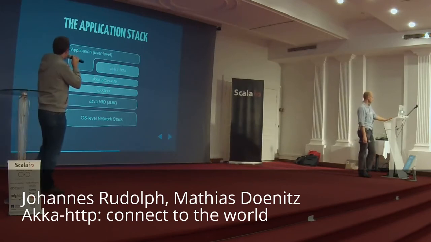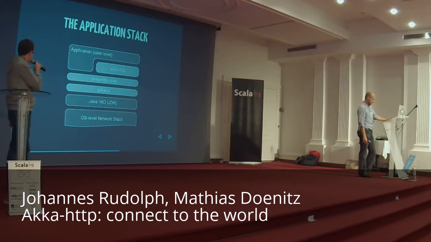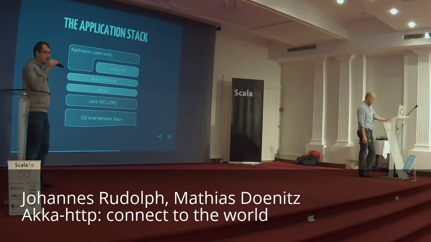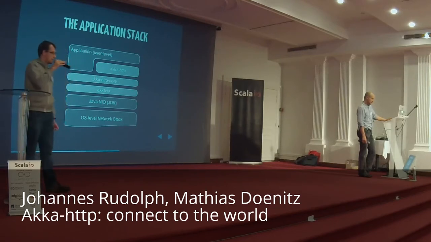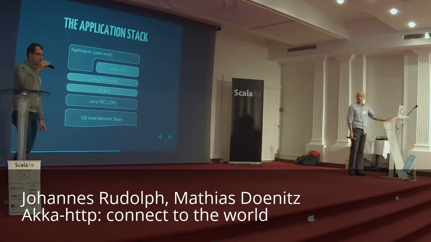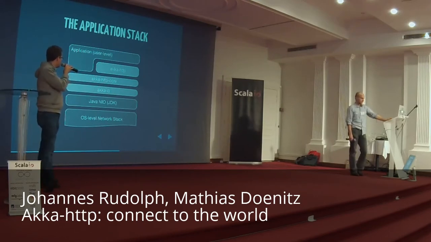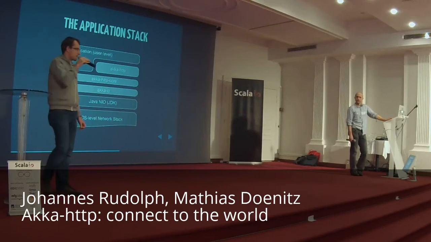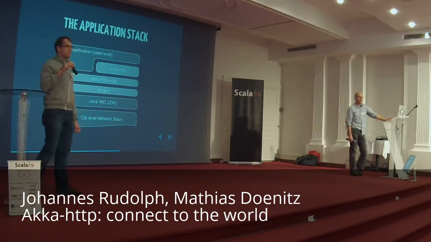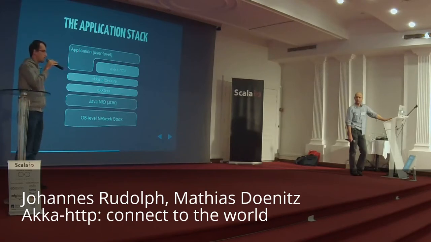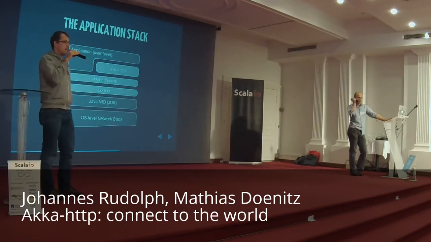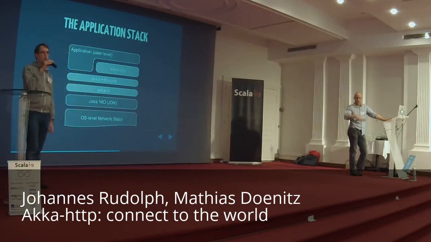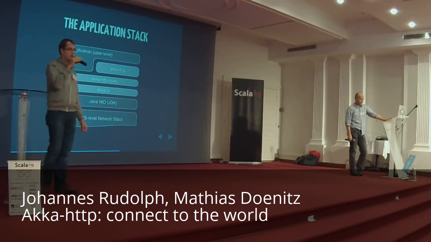So what does our stack look like? At the bottom we have the operating system. So this is clear. Then we build on the asynchronous Java NIO API from Java, and on top of this, some time ago we introduced Akka-IO, part of Akka, which has been available for like 2 years, and it's an actor-based abstraction to do network I/O in an asynchronous fashion.